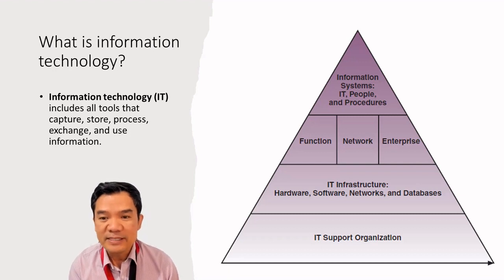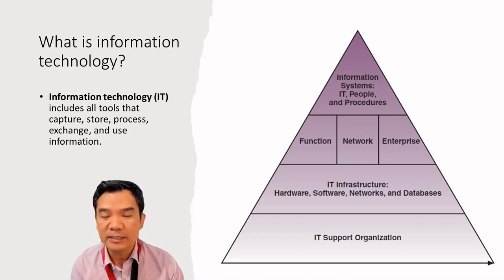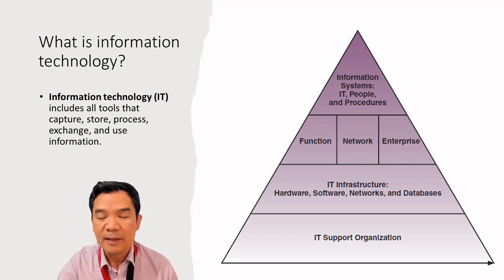On your right side facing the screen, you will see a triangular shape showing the manager's perspective on ICT implementation or the ICT structure of the organization. If we look at the bottom, the lower part of the triangle, we have the IT support organization.